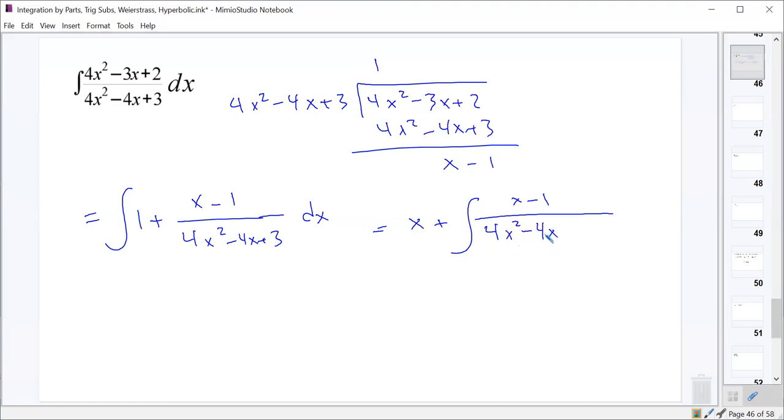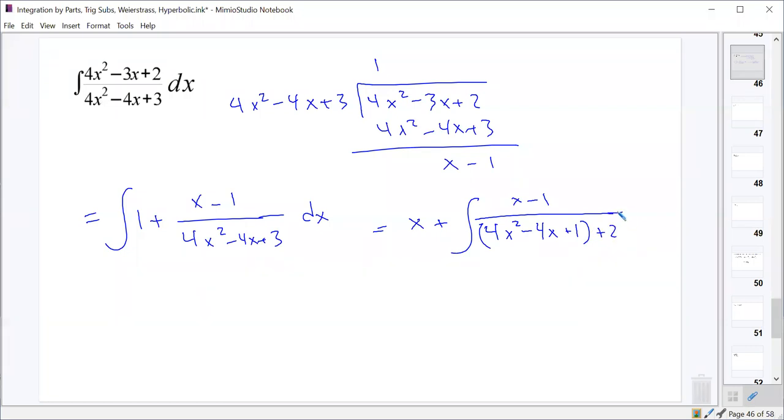Four x squared minus 4x plus what gives you a perfect square? One. Yeah, plus 1, right? And I still have a plus 2 left there.